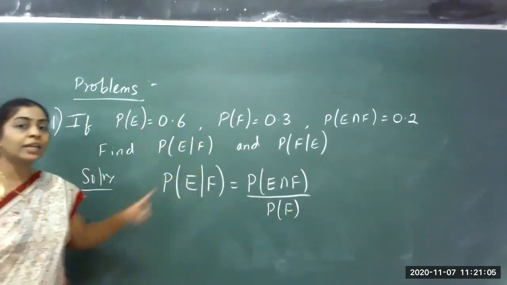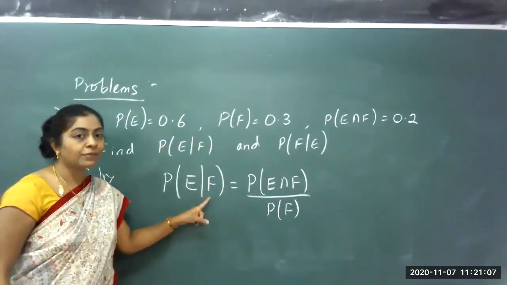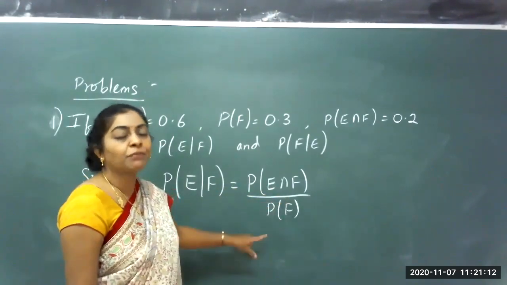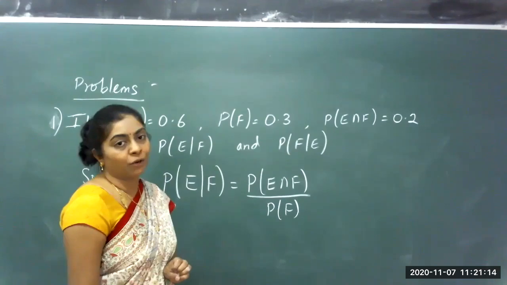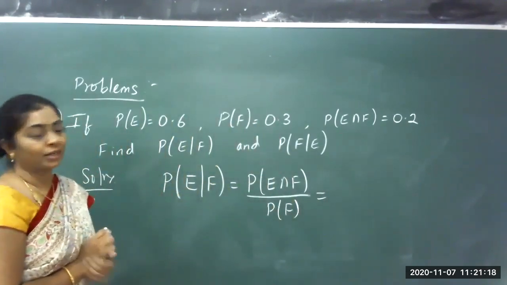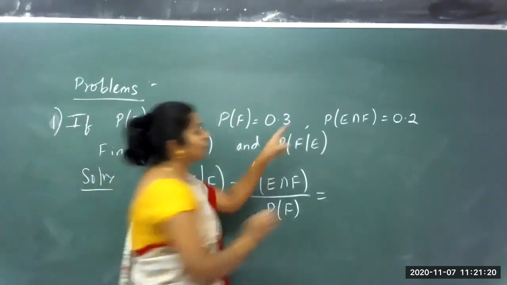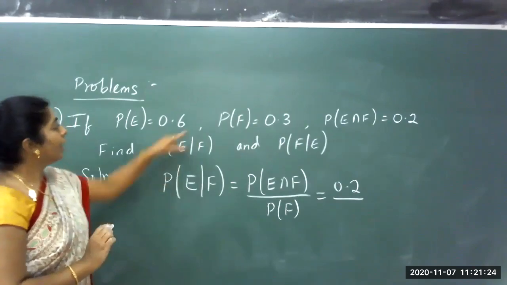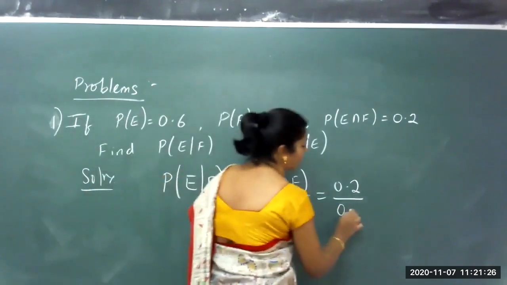That is, probability of E intersection F divided by probability of F.